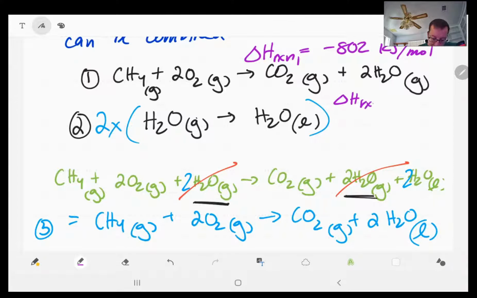So delta H for reaction 2 is negative 44 kilojoules per mole. But remembering that delta H does depend on the amount of substance you have, if we double our reaction, we need to double our equation.